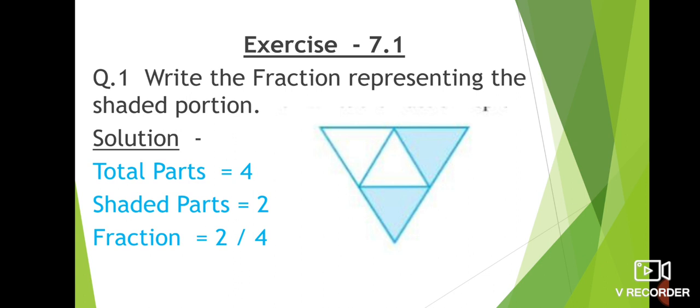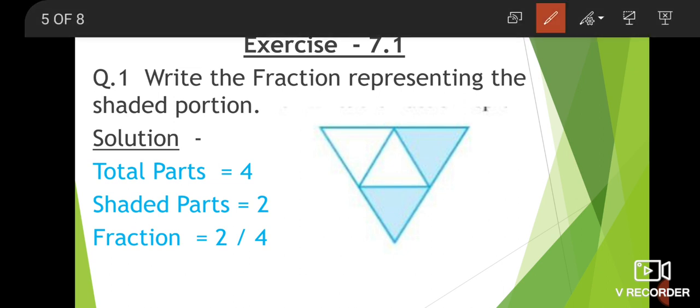Now we start exercise 7.1. Question number 1 is write a fraction representing the shaded portion. We have to write the fraction. So first of all, we will count the total number of portions. This triangle is divided into four equal triangles. 1 2 3 4, four triangles.